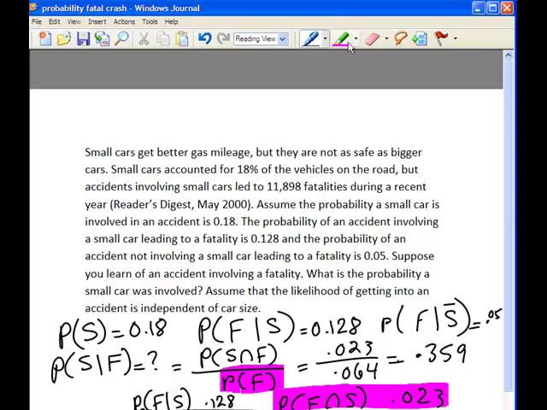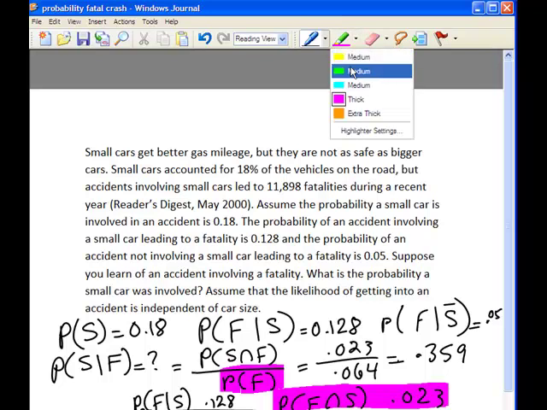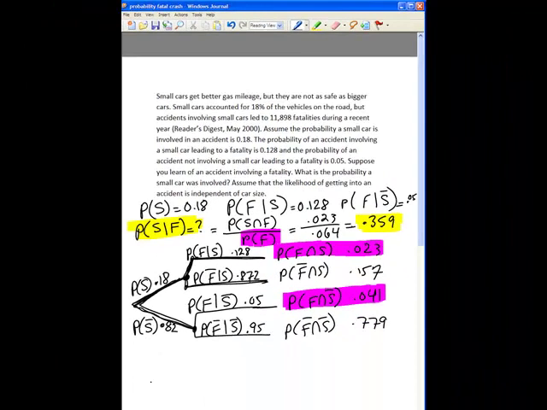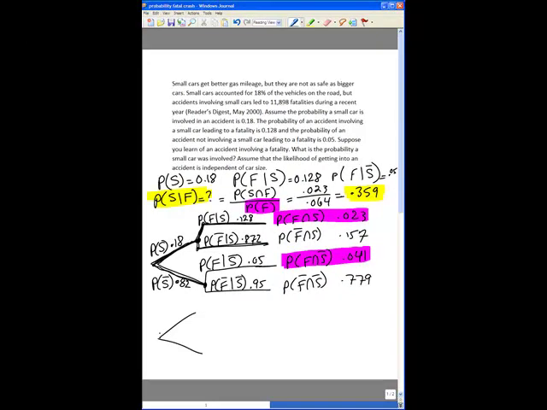So that's the answer, and I will color it yellow. That's the answer to our question, right there. But if you wanted to, you could answer that by tree flipping. So we start with the probability of F and F bar, fatal and not fatal accidents.